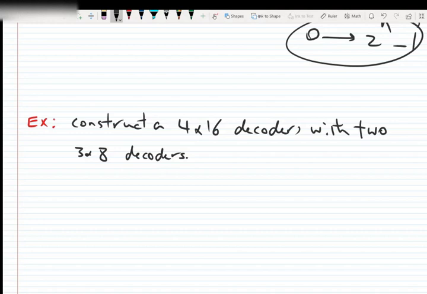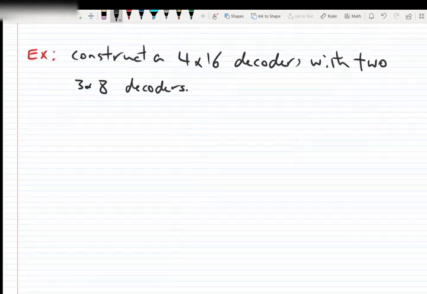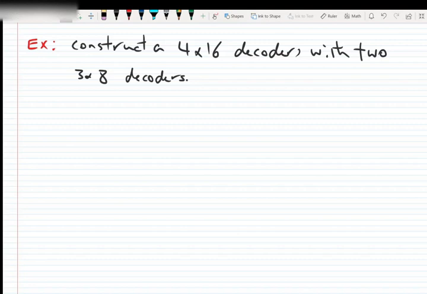Okay, we want to construct a 4 by 16 decoder using two 3 by 8 decoders. The solution: let's have our smaller decoders.